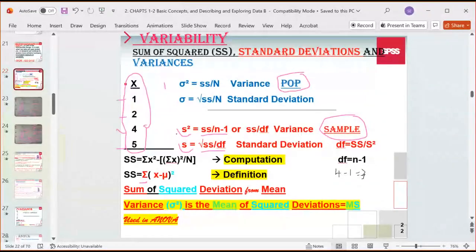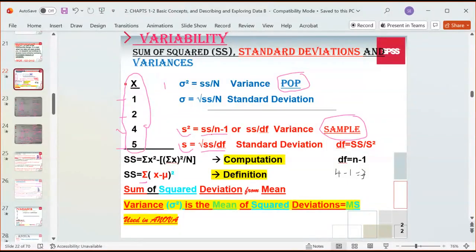But in order to use this formula, if you look at the formula, variance is SS over N, and the standard deviation, for the top one, is the square root of SS over N. At the bottom, the sample variance, S squared, is SS divided by N minus 1. N minus 1 is also called degrees of freedom, or DF.